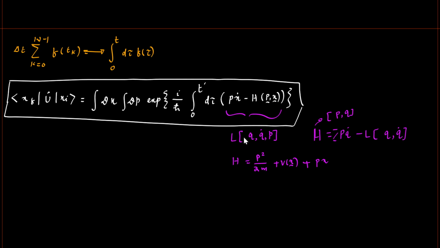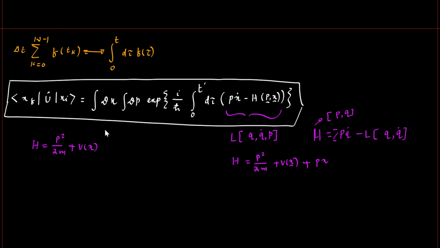Okay, and in our next class we'll discuss the special case of the Hamiltonian, that is the case when there is no mixed term, so we have p squared by 2m plus V of x.